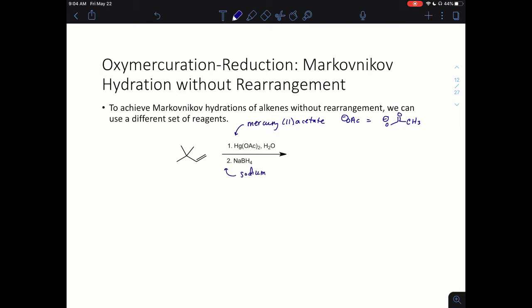I cannot remember if you've seen sodium borohydride. I think I showed it to you as an electron-rich species at some point. This is a reductant, which is where the reduction part comes in. It is going to donate hydride. And we're not going to worry about the mechanism of that step. So we'll only be worrying about the mechanism of the first step, which we will look at now.